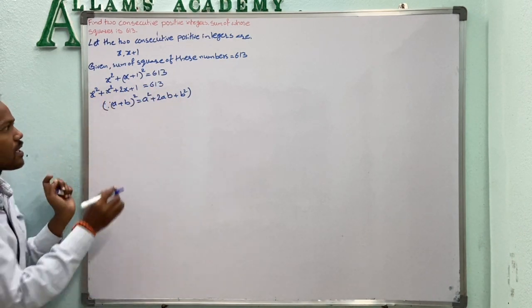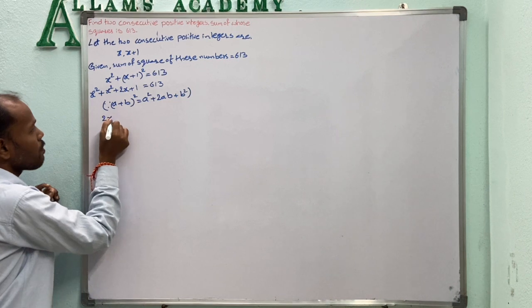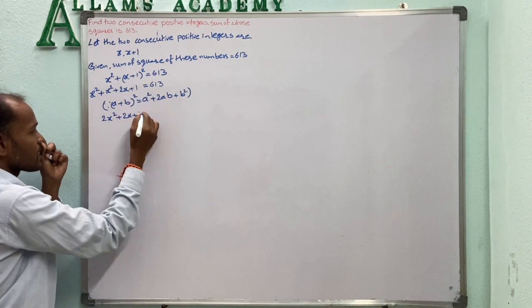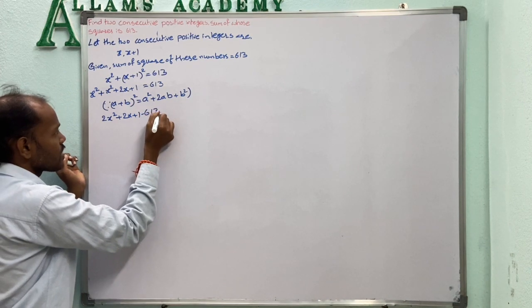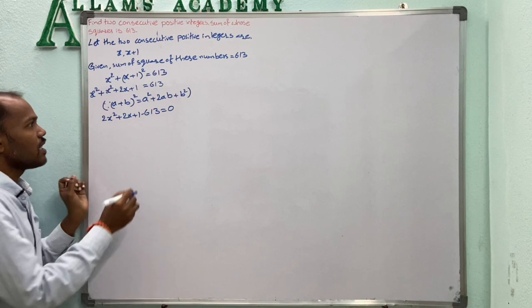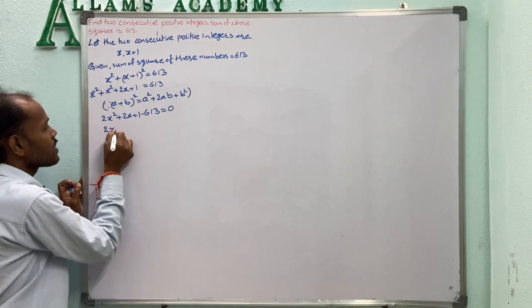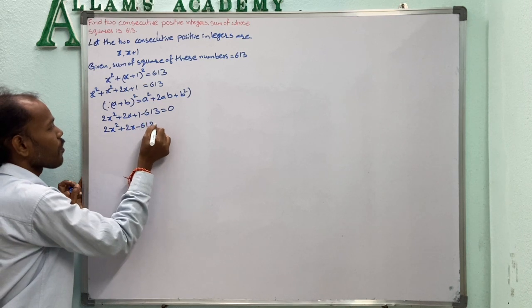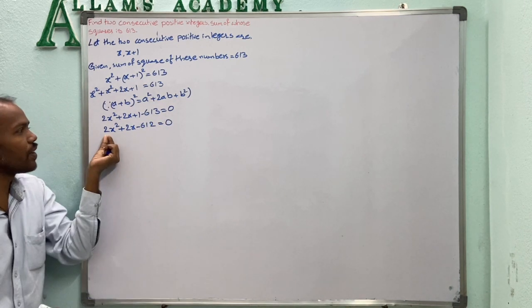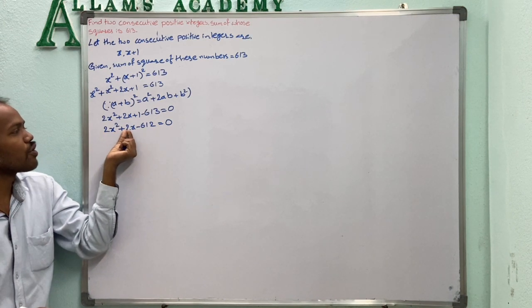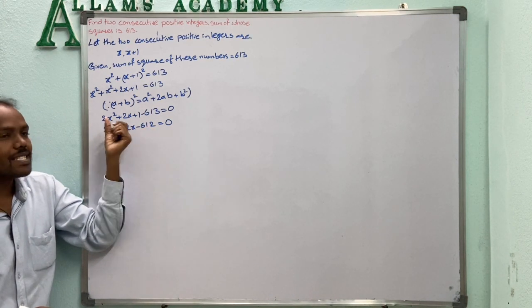So x square plus x square equal to 2x square, plus 2x plus 1, equal to 613. Transfer it to this side: minus 613 equal to 0. So minus 613 plus 1 is nothing but minus 612. Now here if we observe, all can be written as 2 into x square, 2 into x, 2 into 306.